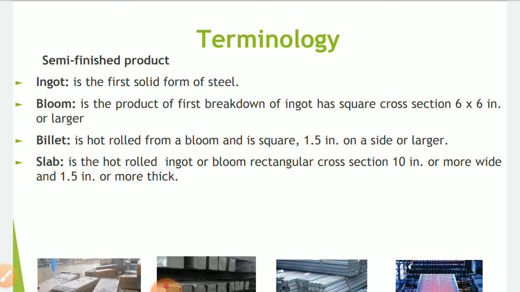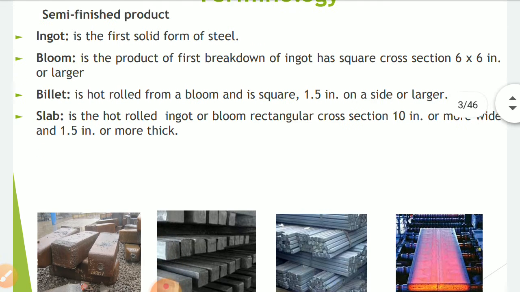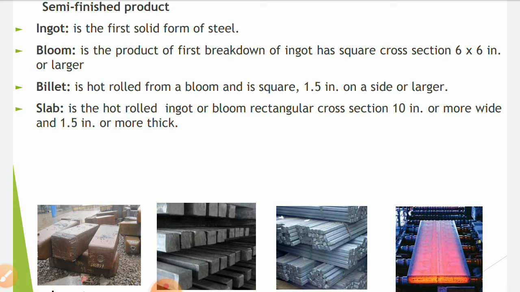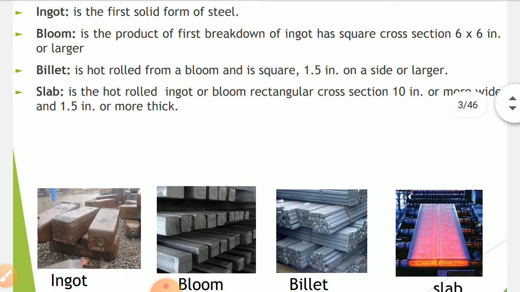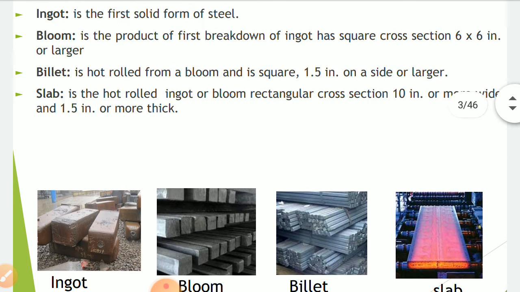So first one is ingot. So ingot is the first solid form of the steel, as you can see in the first picture. Bloom is the product that we get from the ingot. It is a square in cross section. Remember, it is a square in cross section. Billet is hot rolled form which we get from bloom.